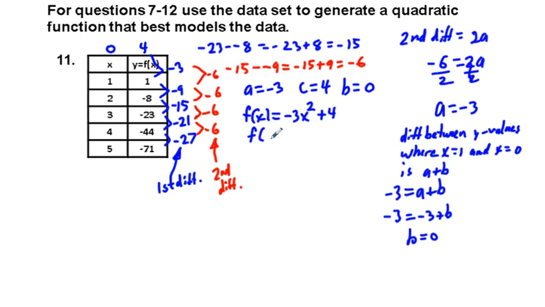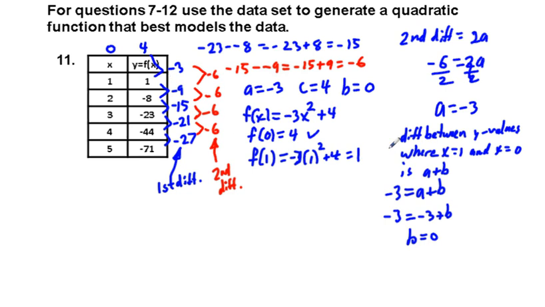Obviously, if we test our y-intercept, say f of 0 is going to be equal to 4, because we have 4 left there. That checks what we have. F of 1, if we plug in 1, we're going to have -3 times 1 squared plus 4, and that's going to be -3 plus 4 equals 1.